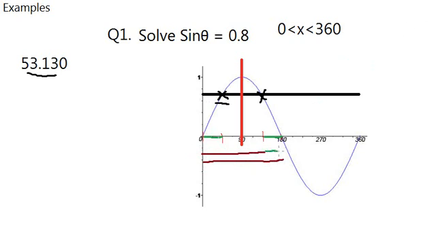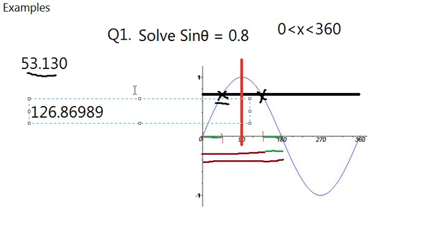So we basically do 180 minus that distance, 53.130, and then you can get the answer. So the answer to this question will be 180 minus the answer, which is 126.86989.